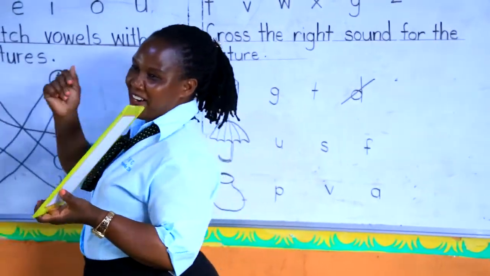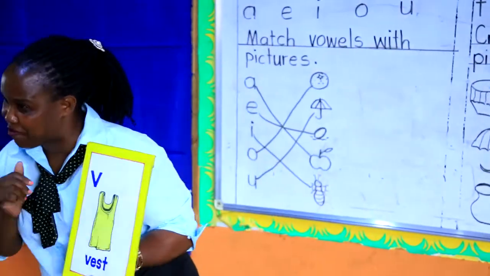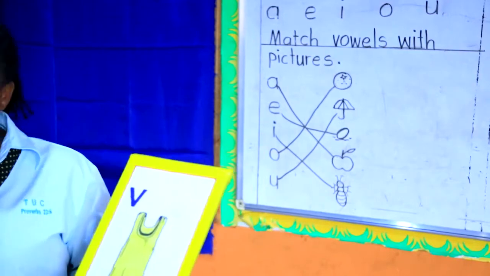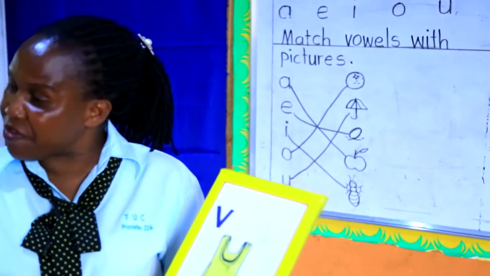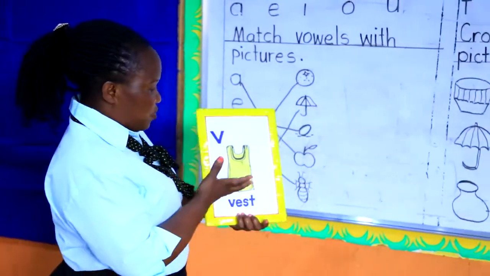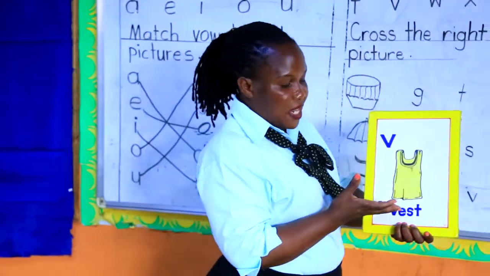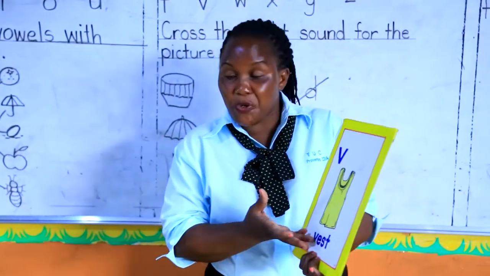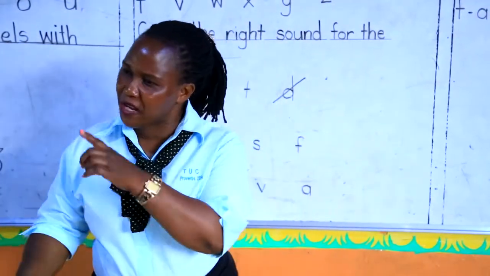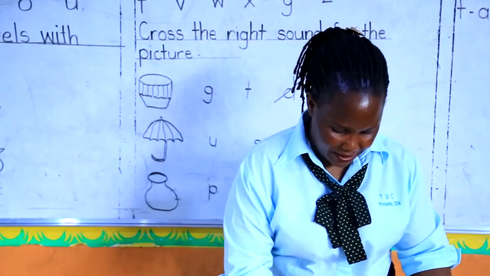Who can tell us the friend of the sound? The friend of the sound is vest. Wonderful. The friend of the sound is a vest. Very many things you can draw for the sound. But today we've looked at vest. You can draw a van. Very many things you can draw for it. Thank you for being very good children.